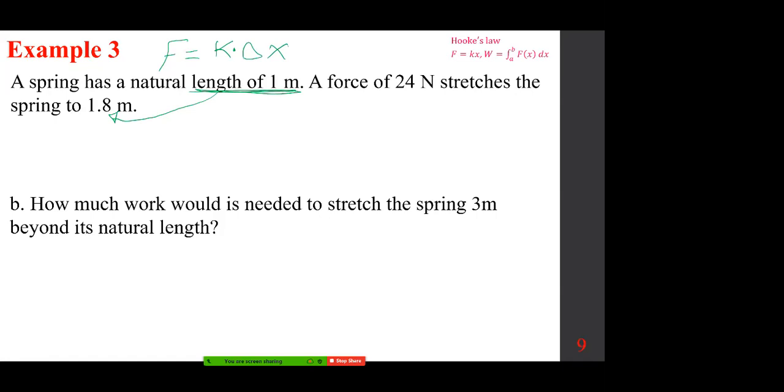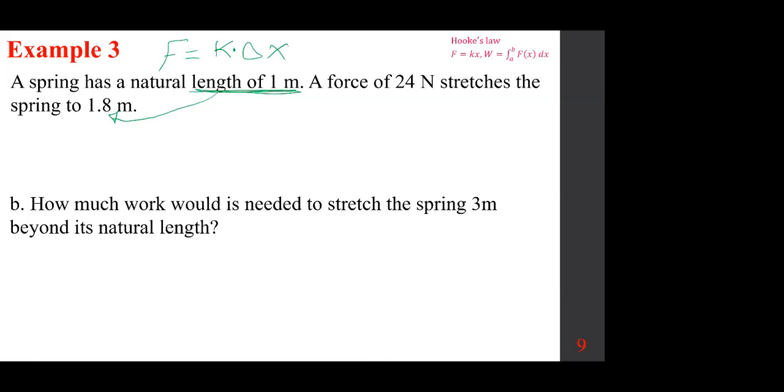Okay, we want to find the equation. Therefore, it's important to see that you have a change of 0.8, not 1.8, everybody.